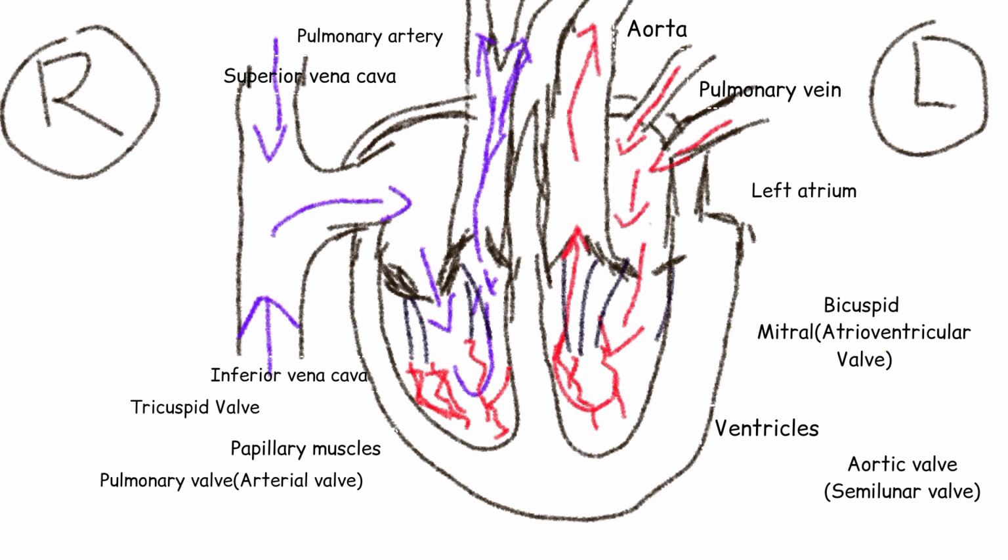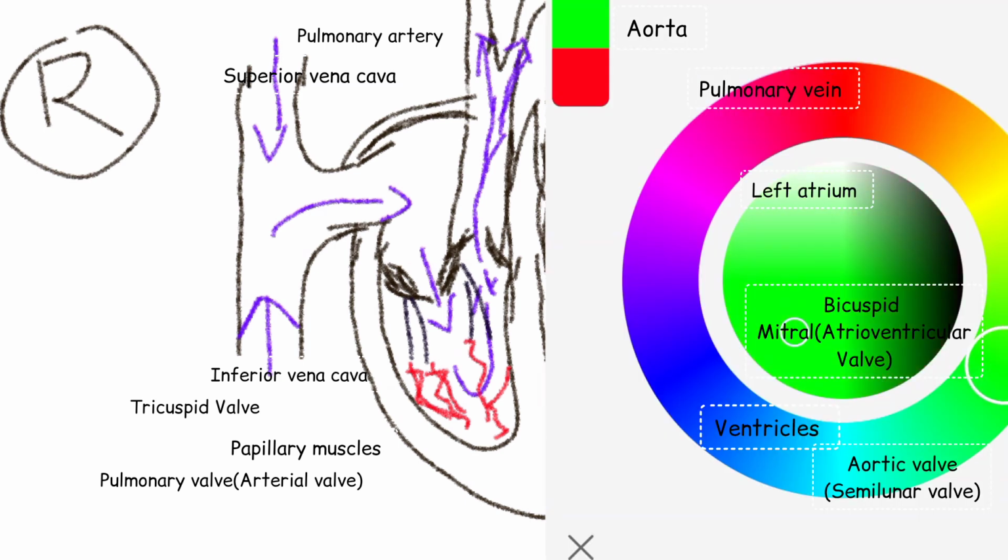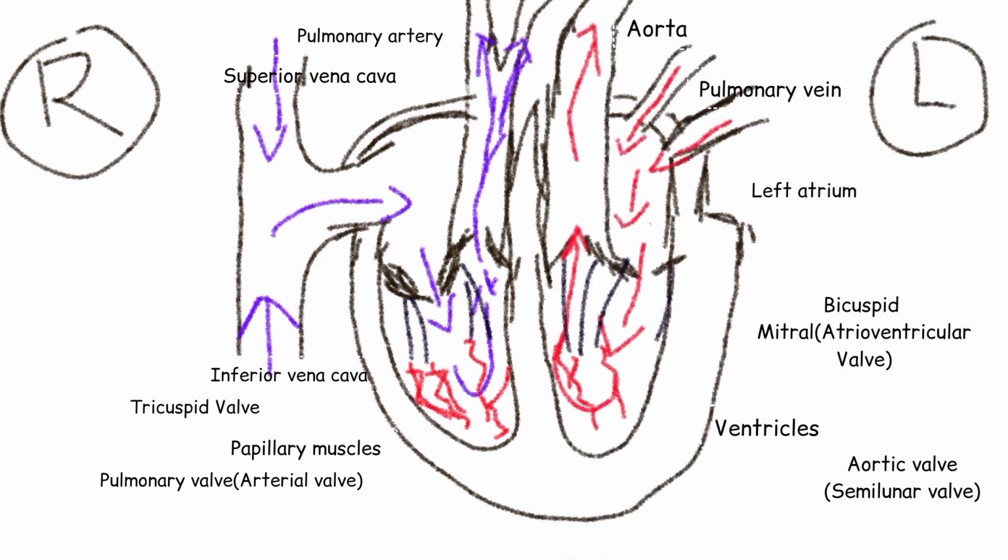So we've looked at the vessels, the chambers, and the muscles of the heart. Now we will see the layers of the heart. Surrounding all the outside of the heart there is a fibrous sac, which is a physical protection for the heart in addition to the ribs, vertebrae and sternum.